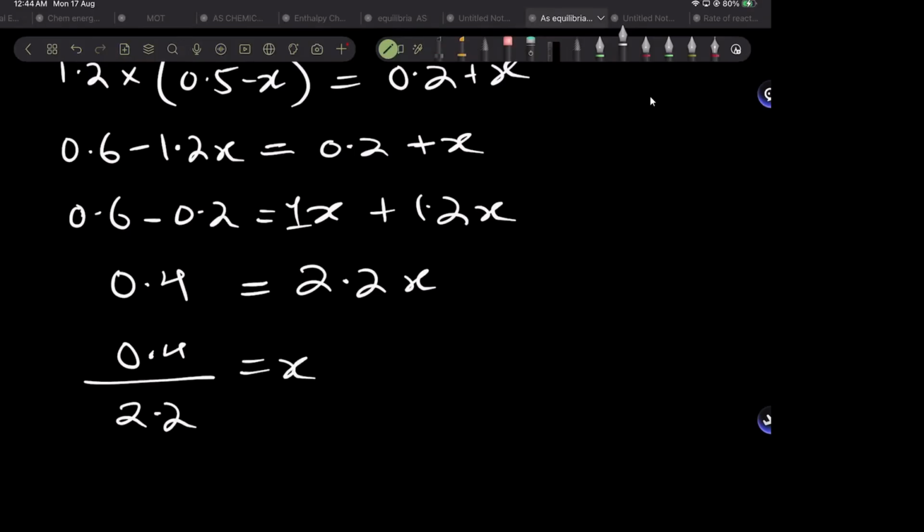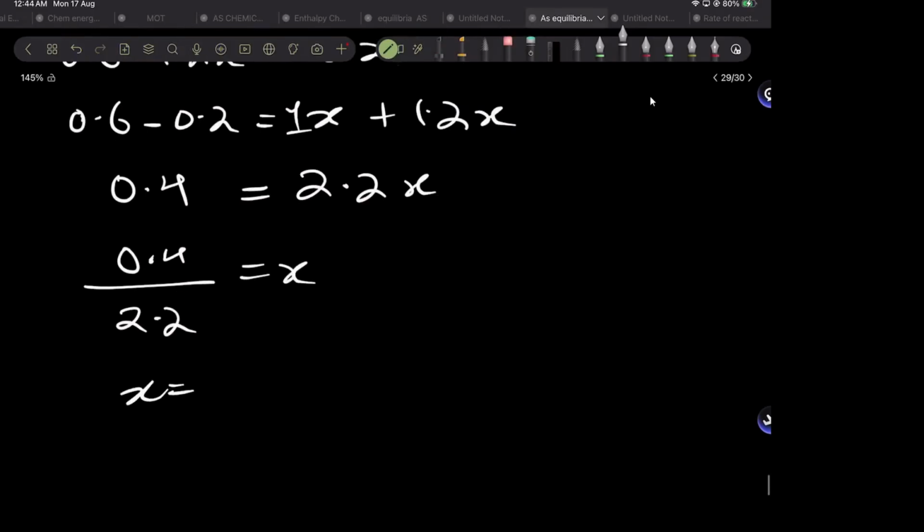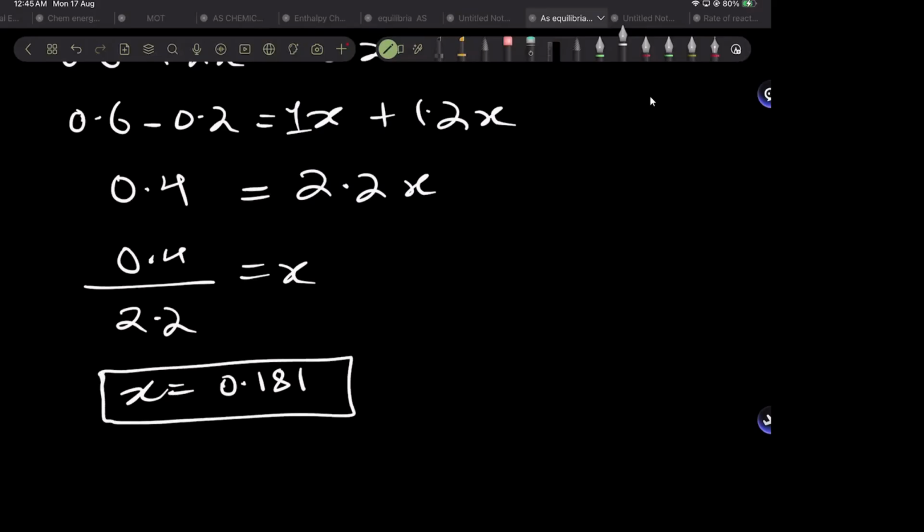What is the value of X? 0.181, right? Yeah. Now I have the value of X.